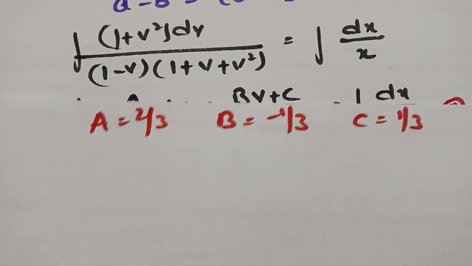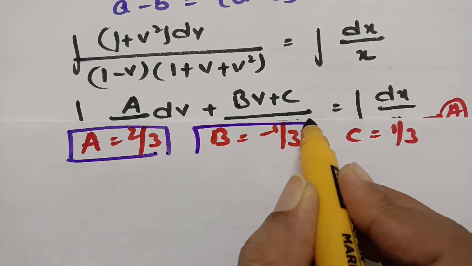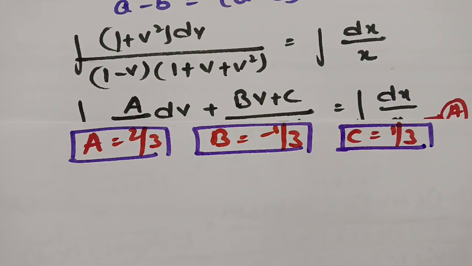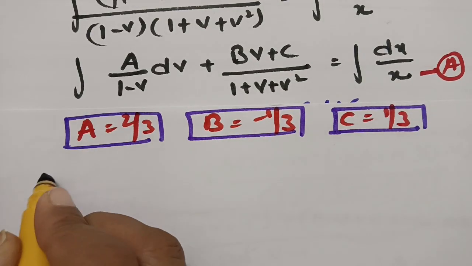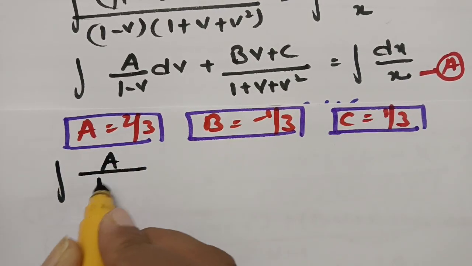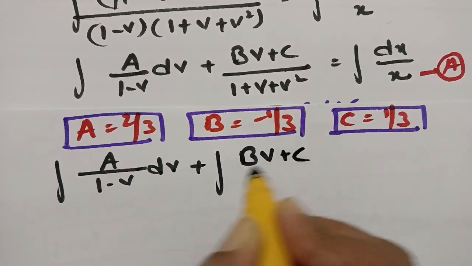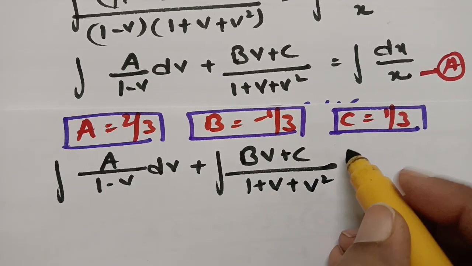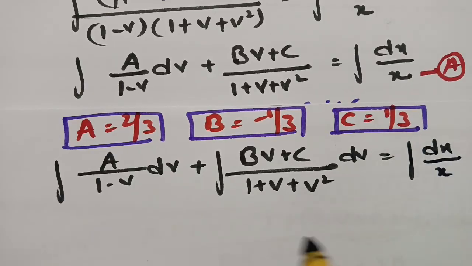A as 2 by 3, B as minus 1 by 3 and C as 1 by 3. So what is this equation? This is A by (1 minus v) dv plus (Bv plus C) by (1 plus v square) dv, and next dx by x.